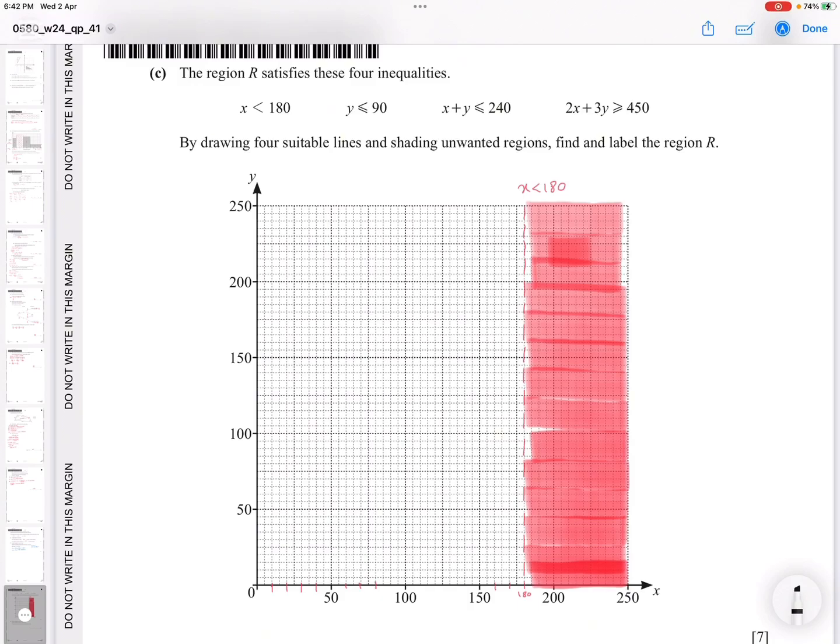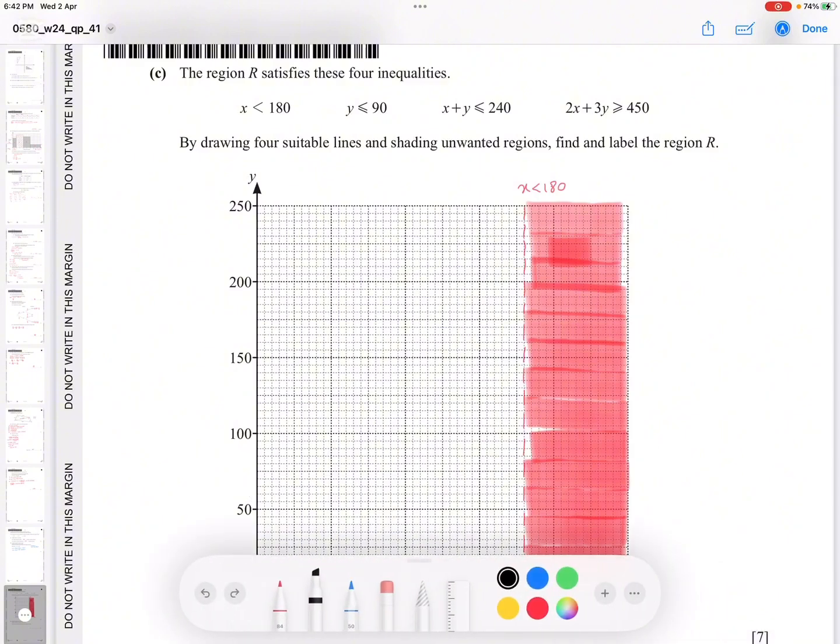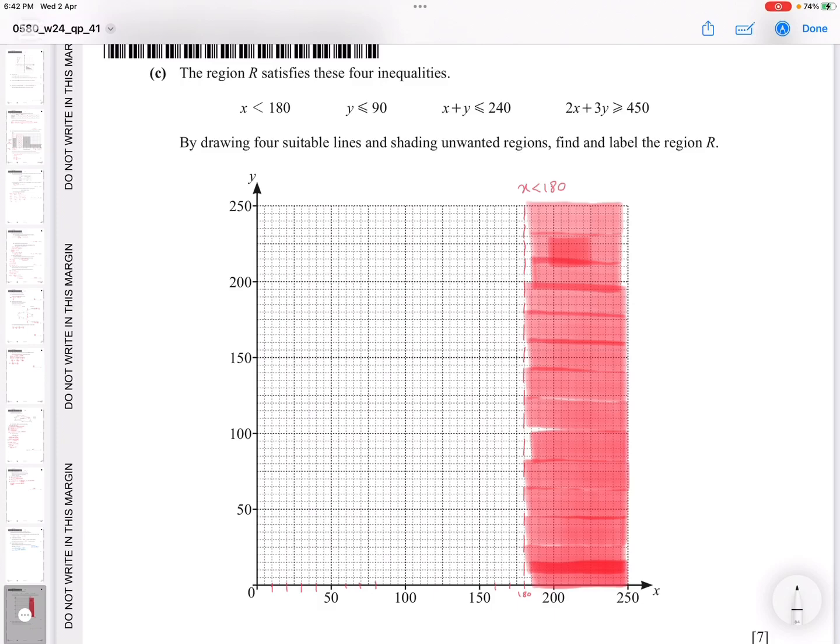So 50, 60, 70, 80, here is 90. If you take it as an equation, it would be y is equal to 90.